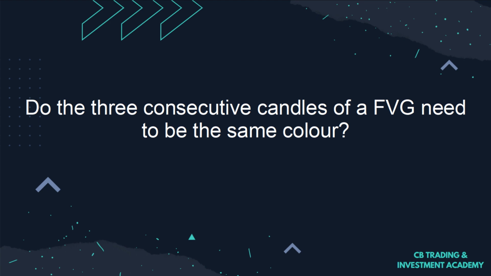You can say that FEGs in a downtrend, so 3 red candles, tend to work better, but I've not worked too much in my strategy with FEGs to tell you what I found best working in that case.